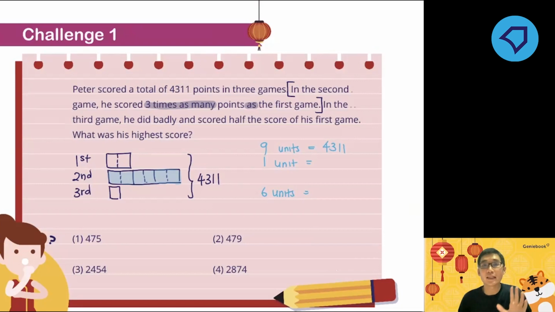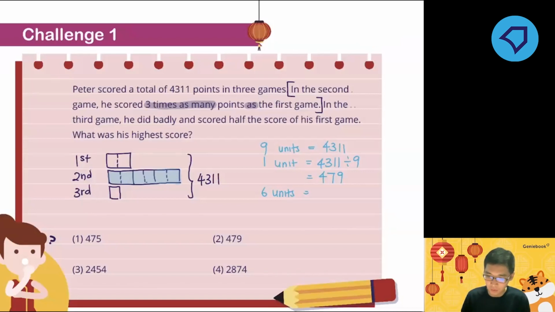So all understand that there are 9 units altogether after I've drawn the model. Okay, so there are 9 units equal to 4,311. So 1 unit, of course, would be 4,311 divided by 9. And if you do your long division properly, you should get 479. Now then, since I want to find the highest score, he scored the highest in the second game, which is 6 units, right?